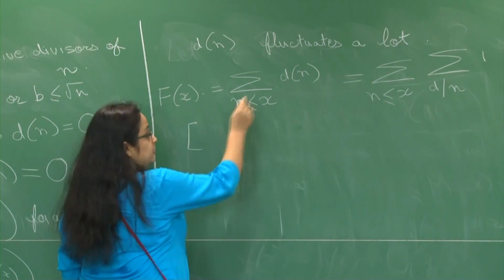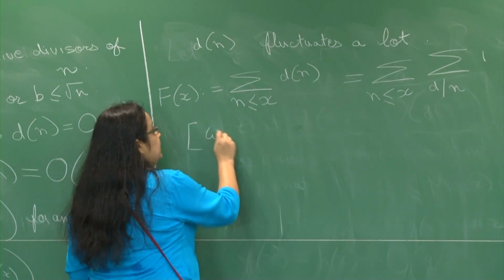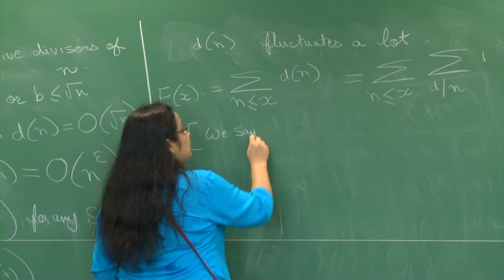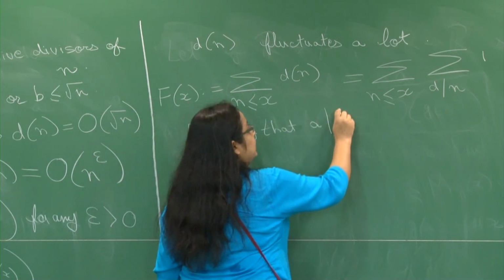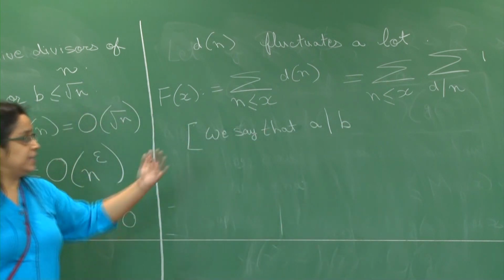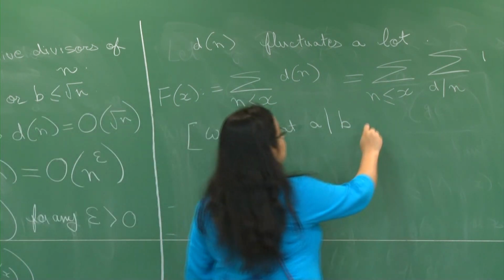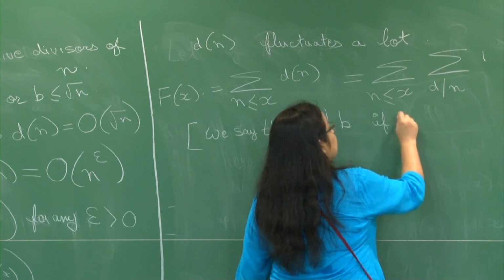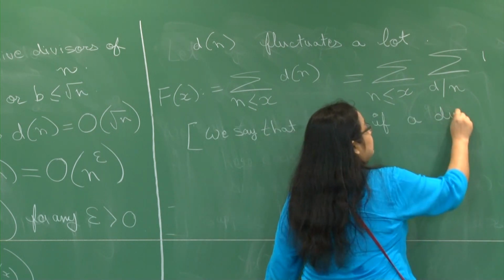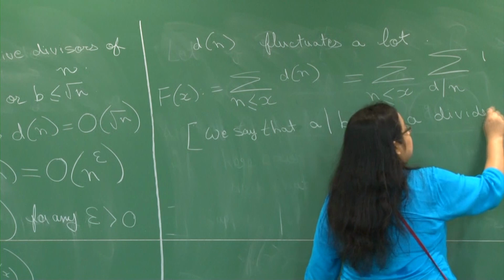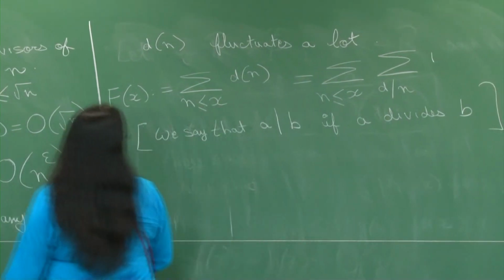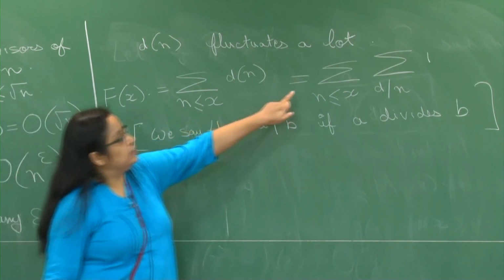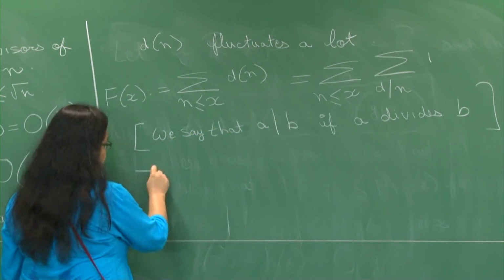So, a small remark, we say that A divides B. This is a notation that is frequently used in number theory. If A divides B, this is the notation, A bar B. So, going back to the sum that we are trying to study, what do you have?